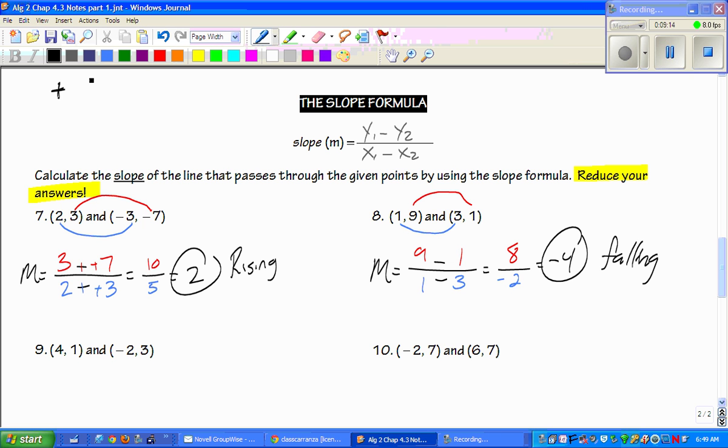So just remember, positive equals rising, negative is falling, 0 is horizontal, and undefined is vertical, okay? That's from our little table on the other side, okay?